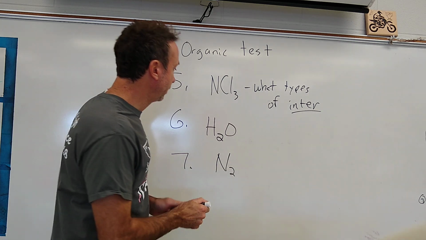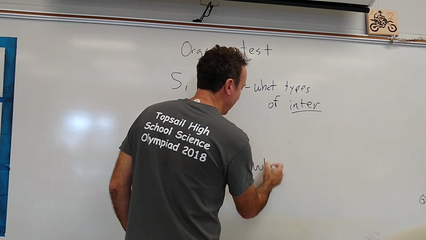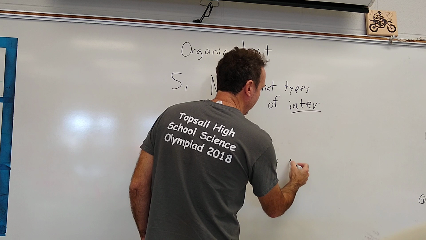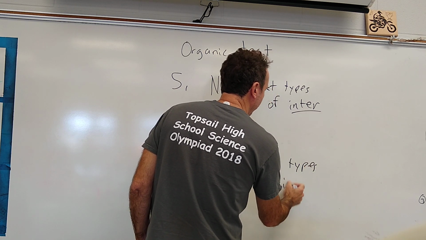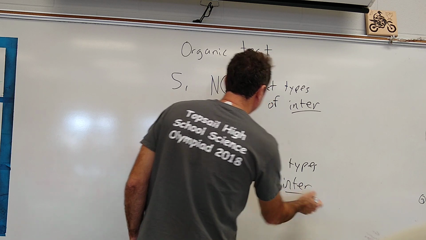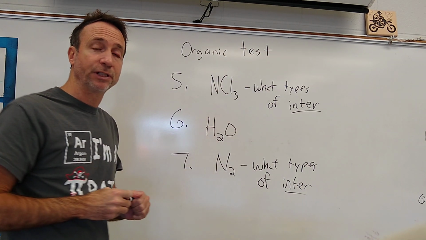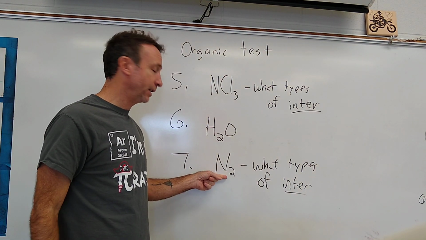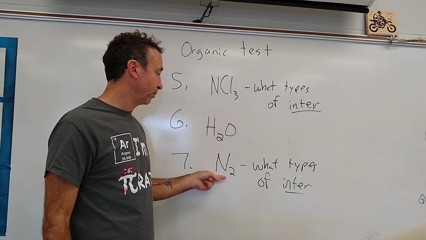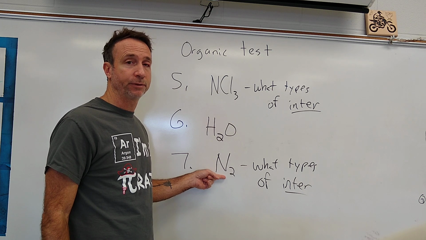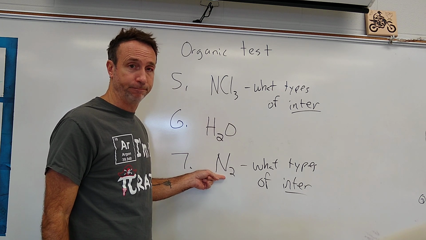And then with this one, I need you to tell me what types of intermolecular bonds would hold a bunch of these together. If you had a bunch of nitrogen gas and you turned it into a liquid, what types of bonds will be responsible for holding these molecules together if they were a liquid?